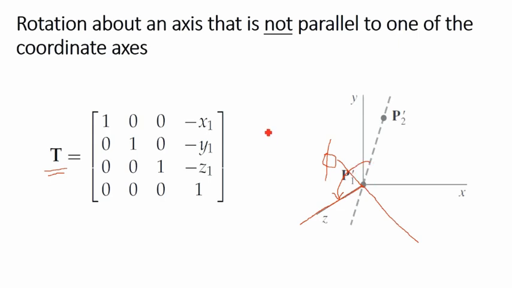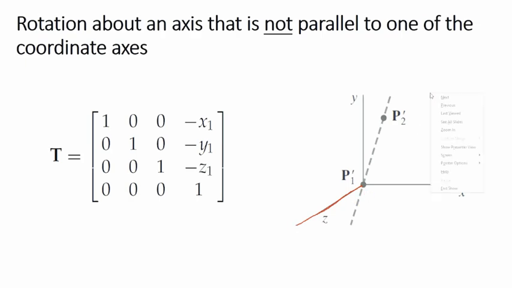Instead, I know how to perform rotation around the x-axis, y-axis and z-axis, so I can combine these rotations in some order, and I should be able to rotate this axis onto the z-axis. Now how to do that?